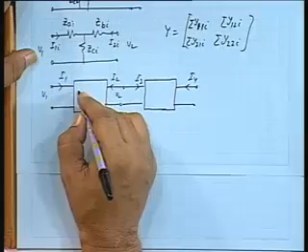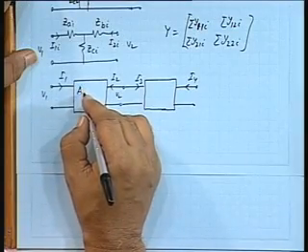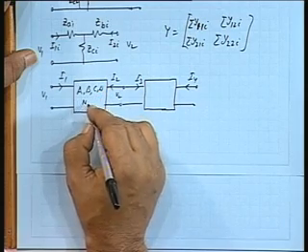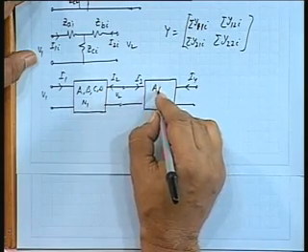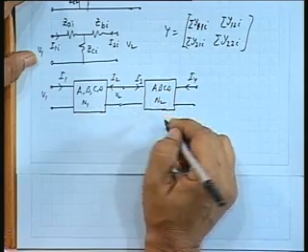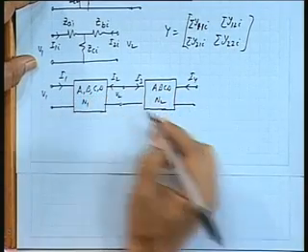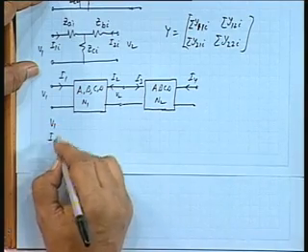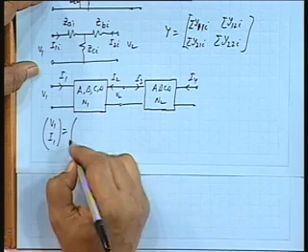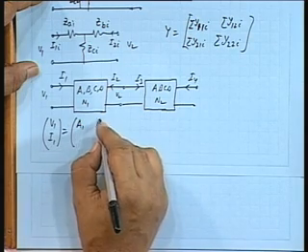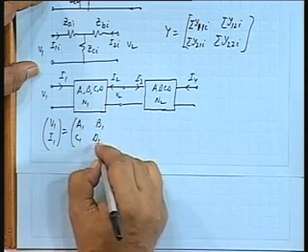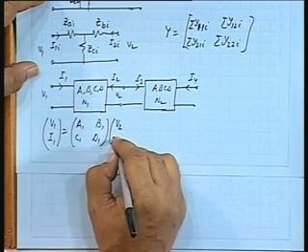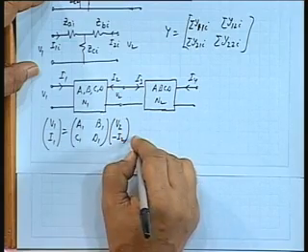Suppose this is the first set A, B, C, D for network 1, and A, B, C, D for network 2. So I will call them A1, B1, C1, D1, and A2, B2, C2, D2. So V1, I1 is equal to A1, B1, C1, D1 into V2, minus I2.